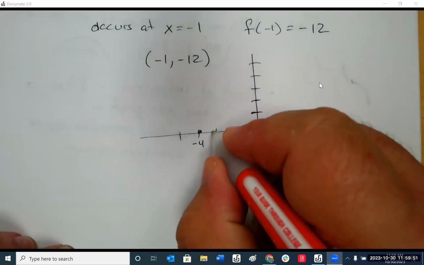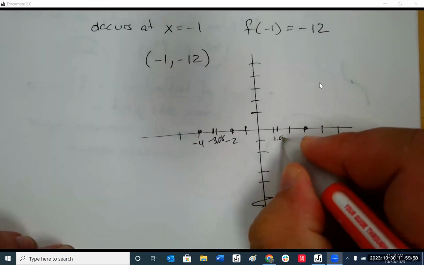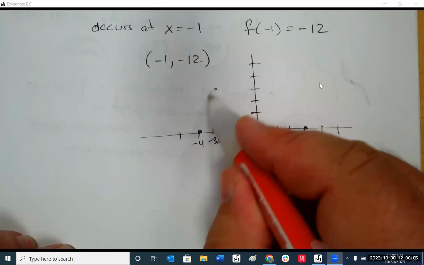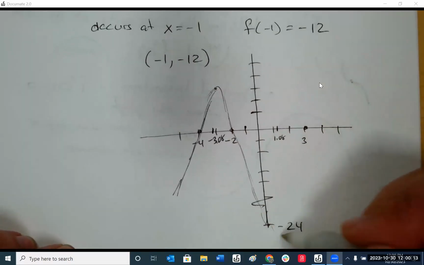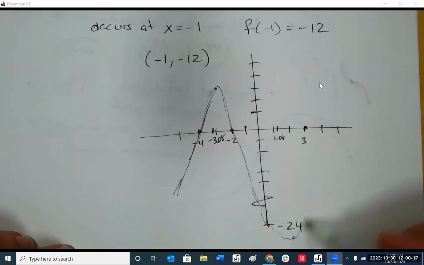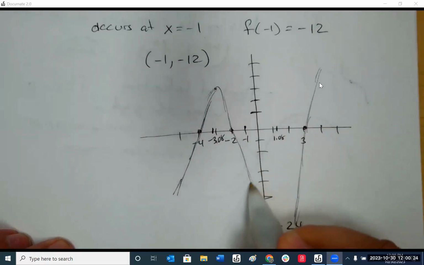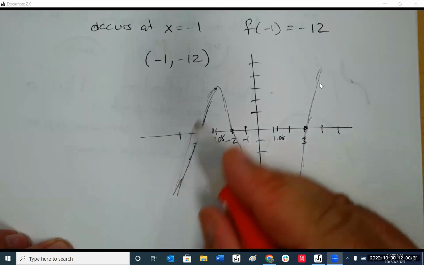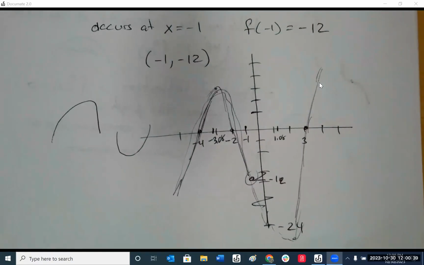Our vertices were at -3.08 and at 1.08. So at -1 and -12, at that point, the graph stops being this shape and begins this shape. At that point there, at the point of inflection.